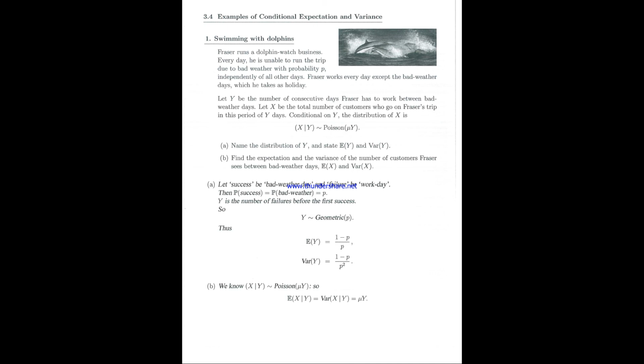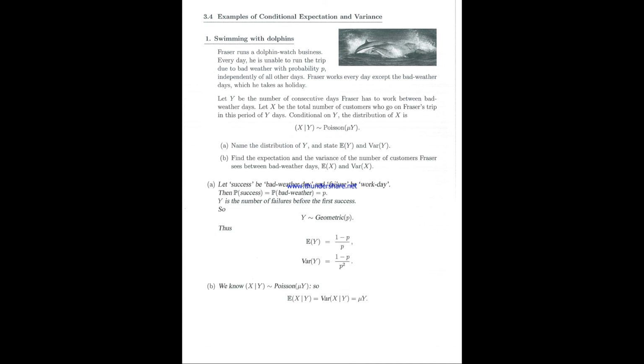right? So in this case, we can identify this process as having a geometric distribution, because if you take a bad weather day as a success, we are counting the number of failures until we get a success. So if you take y as the failures here, that is the consecutive number of days that Fraser has worked, we are counting those failures.